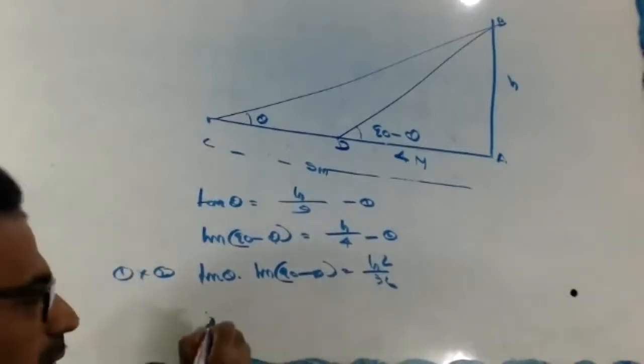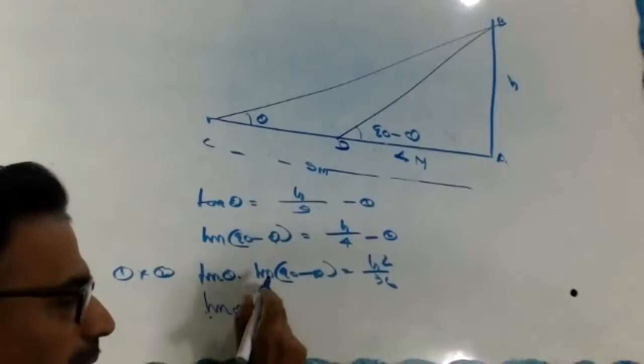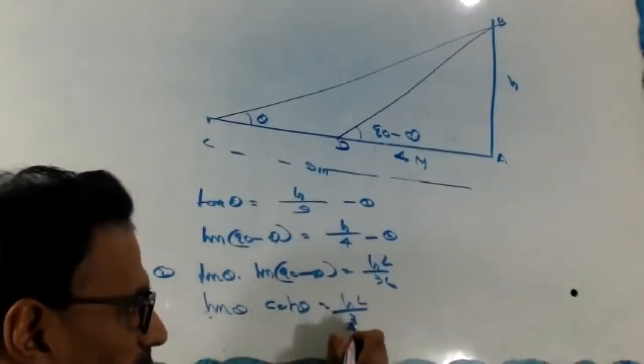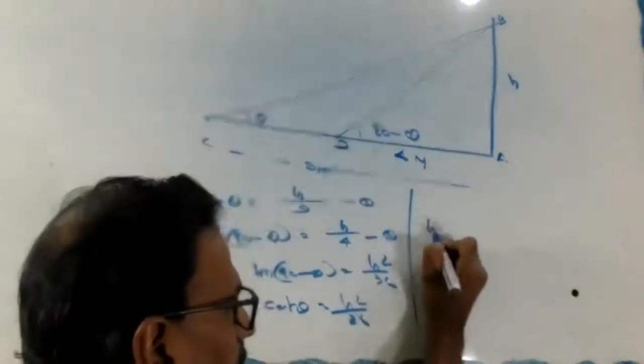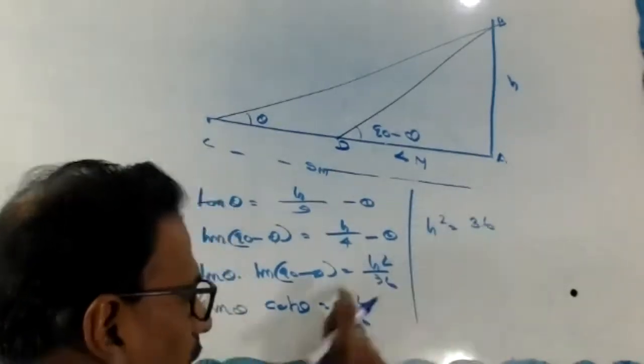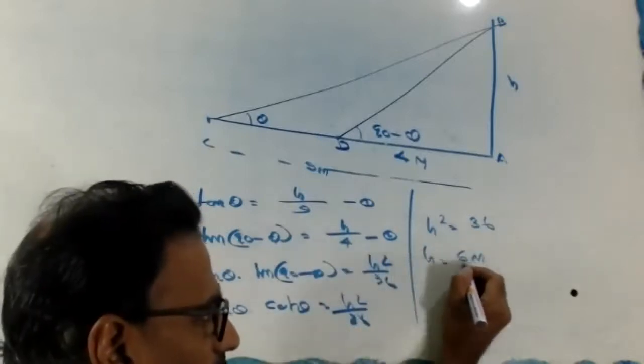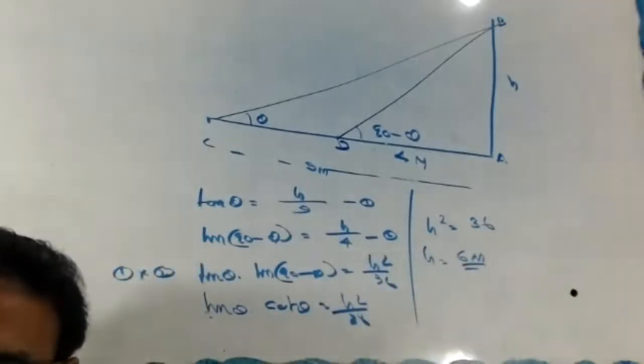Tan (90 minus theta) is cot theta, so tan theta into cot theta equals h squared by 36. Therefore, h squared equals 36, because tan theta into cot theta is 1. h equals 6 meters. The height is 6 meters. Is it okay?